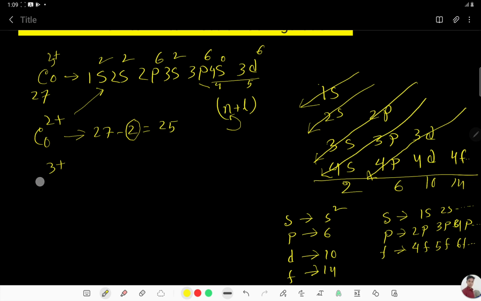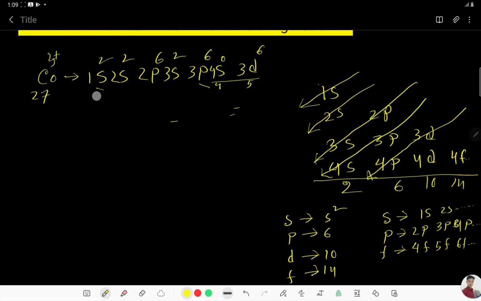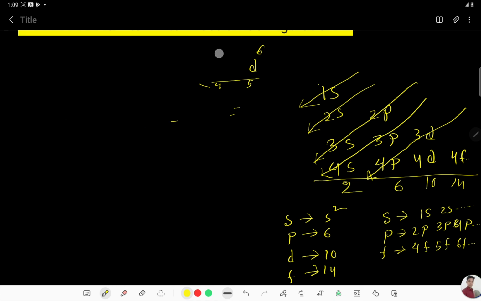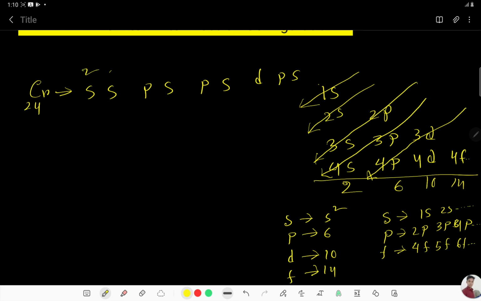Okay, now we'll write the electron configuration of chromium. So look, chromium, its atomic number is 24. So we'll write s, s, p, s, p, s, then d, p, s. So 2, 4, 10, 12, 12 plus 6, 18, 20, then 24.